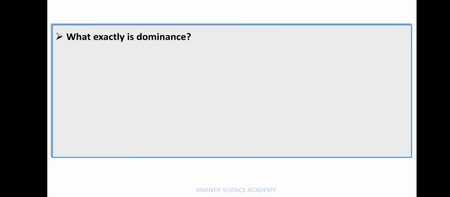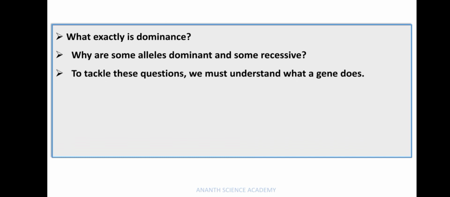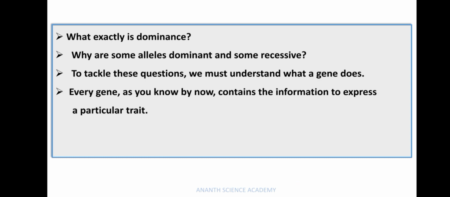What exactly is dominance? Why are some alleles dominant and some recessive? To tackle these questions, we must understand what a gene does. Every gene, as you know by now, contains the information to express a particular trait.